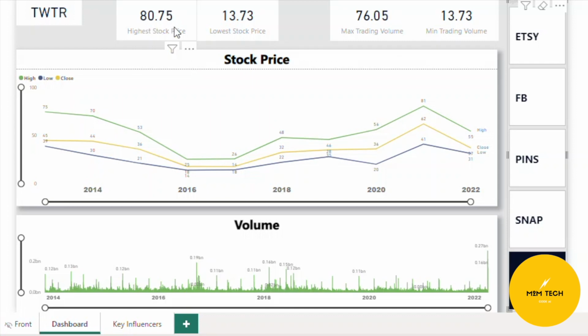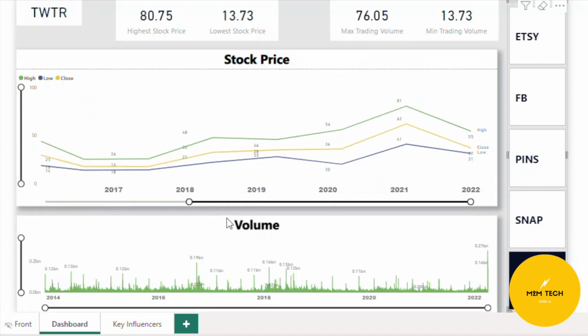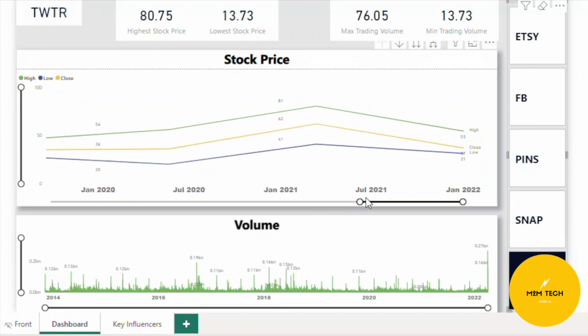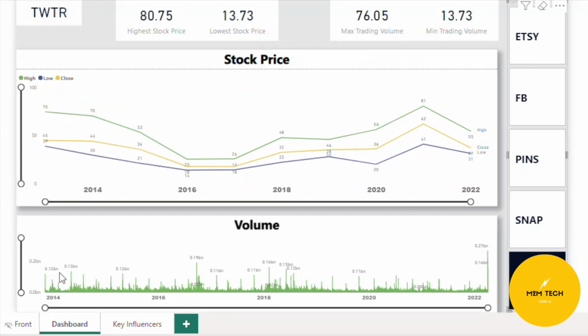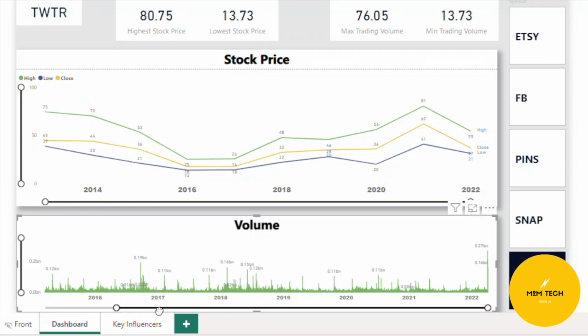I extracted the highest and lowest prices and max and min trading volumes for the entire period. I also included some sliders in case we wanted to see more detail of the stock prices, and the same thing for the volumes.